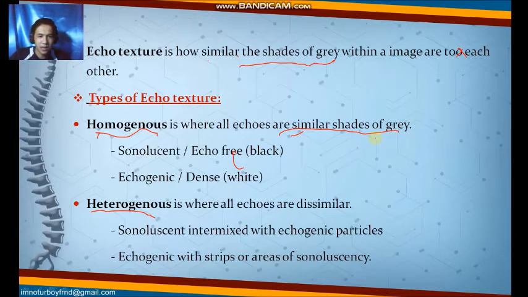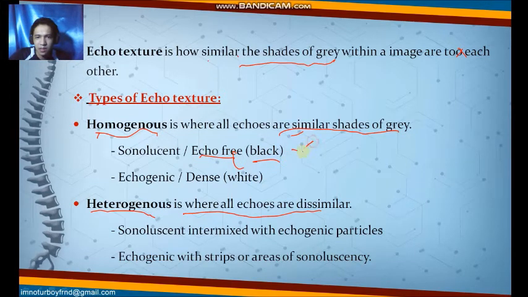If they are heterogeneous, then that means in your screen or in your organ, there are a lot of different echoes. Okay, so there are parts of your image that appear very white, or maybe very dark, or some of the areas are at the gray level. Okay, so first we have the sonolucent or echo-free structures, black.